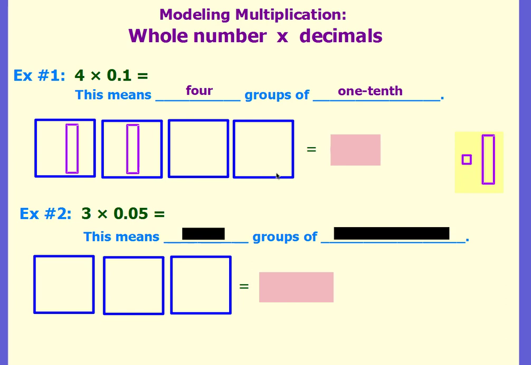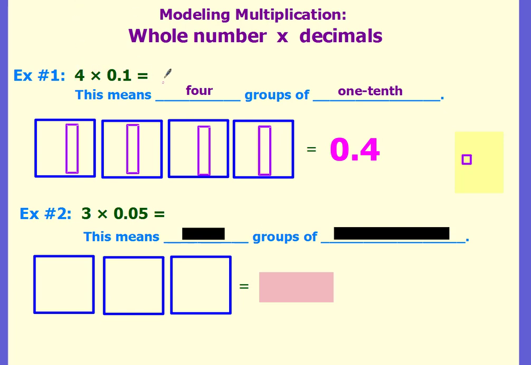You're going to want to draw it. Okay, so if I have 4 groups and each group has 1 tenth, what is the total that I have? Well, I have 1 tenth, 2 tenths, 3 tenths, 4 tenths. So 4 tenths is my answer.